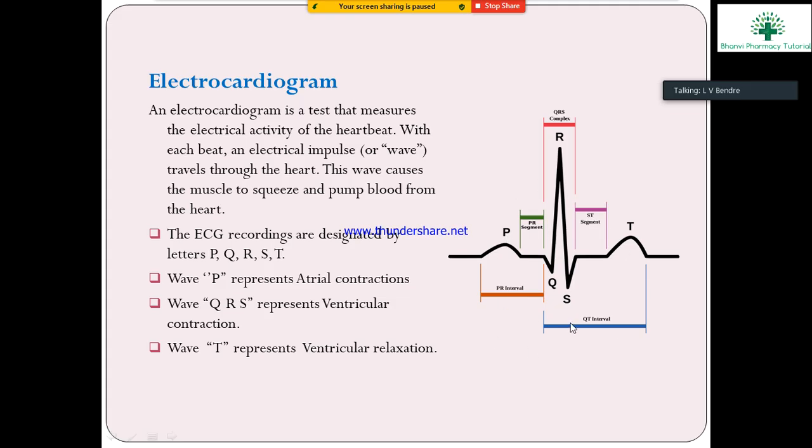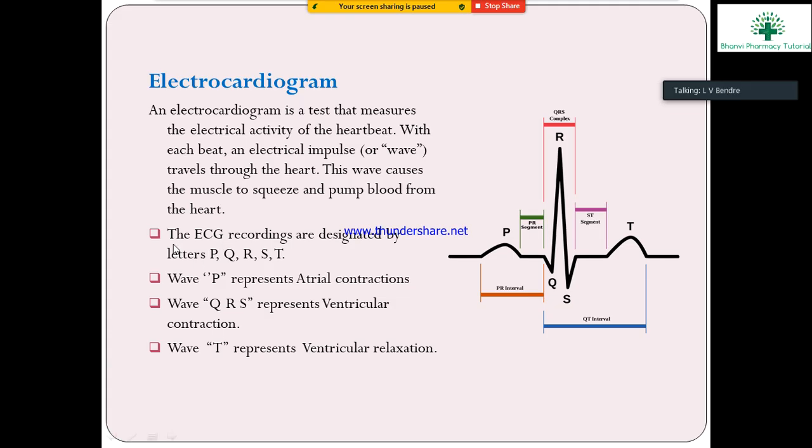These are the normal intervals for the heartbeat. Electrical impulses or waves travel through the heart. These waves cause the muscles to contract in sequence and pump blood from the heart.